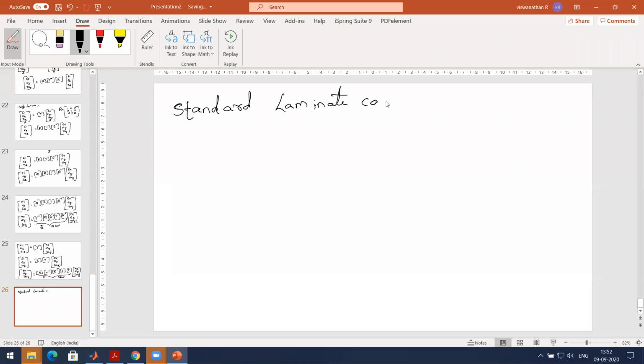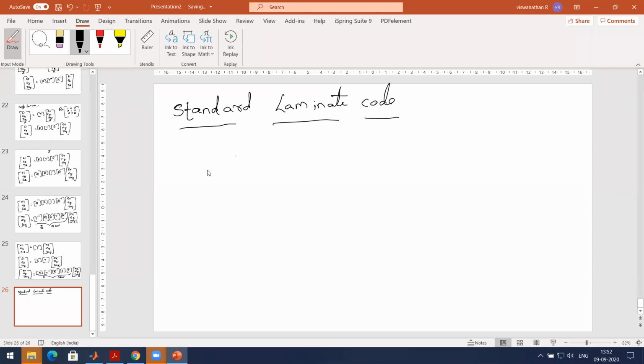What do you mean by laminate? It's a number of layers of laminas, multiple layers of laminas. There is some standard by which these are represented. Code doesn't mean program; it's just a notation.